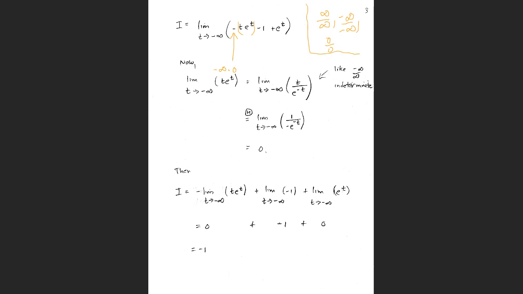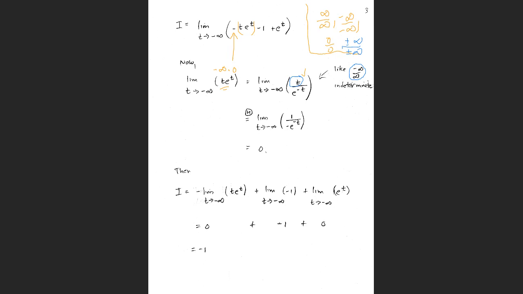So I have to rewrite this as t over e to the negative t. Now I have a numerator going to negative infinity, and we can use L'Hopital's rule on that. Technically, you can have plus or minus infinity over plus or minus infinity. That's fine.